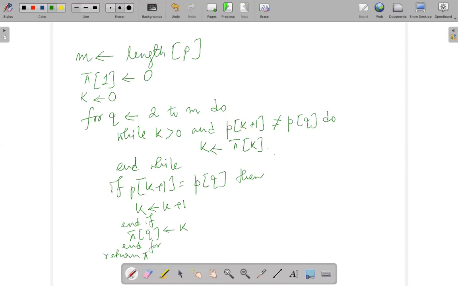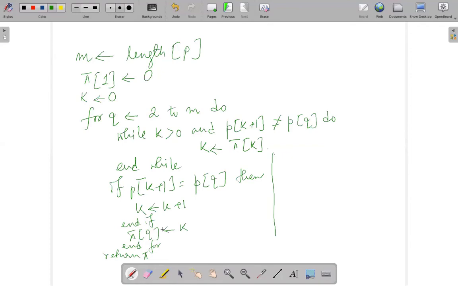So what is happening here is that you are advancing q one by one and checking whether p k plus 1 is equal to p q. One is starting from 0 and the other from 1, or you can imagine one starting from 1 and the other from 2, whichever way you index your string array. You keep on doing this as long as there is no mismatch.